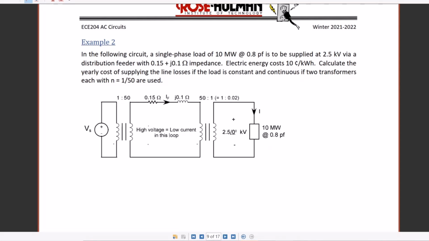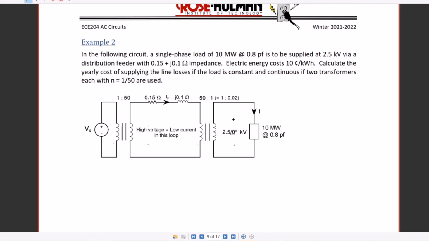This is what they do in real power delivery: by stepping the voltage up, you step the current down to deliver the same power. And by stepping the current down, you reduce the power lost in the line, because power is I squared R. If the current is reduced, I squared R is reduced and the power lost in the line is reduced.